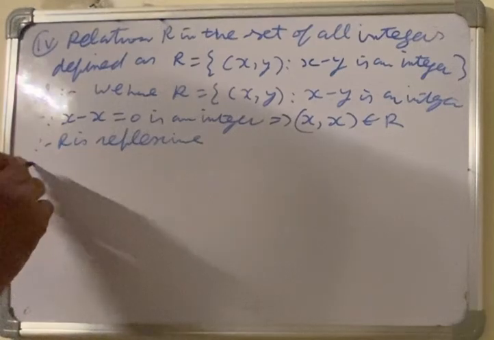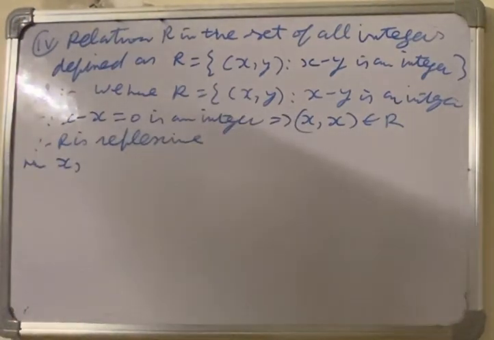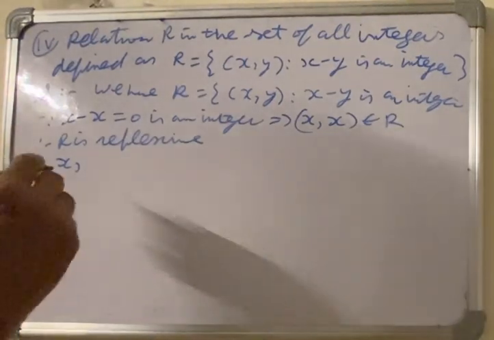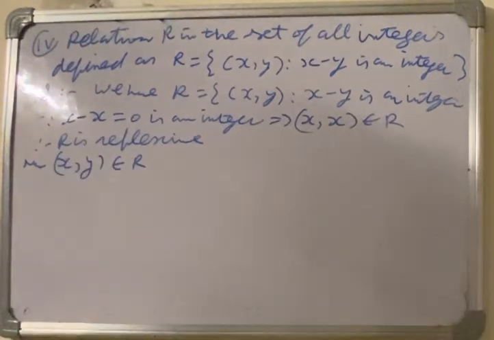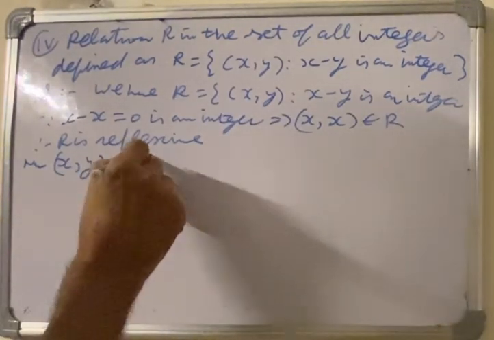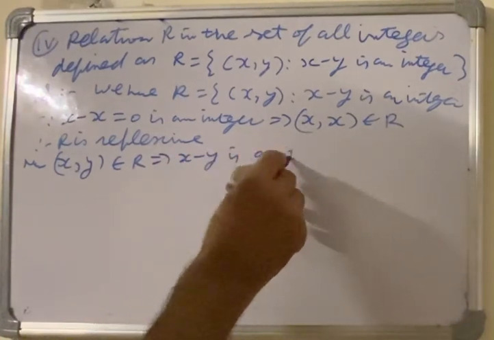Now (x, y) belongs to R means x minus y is an integer.